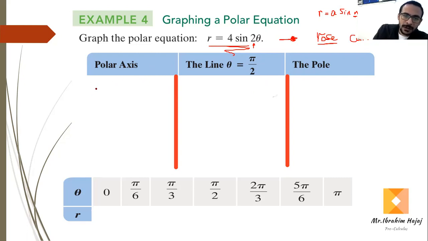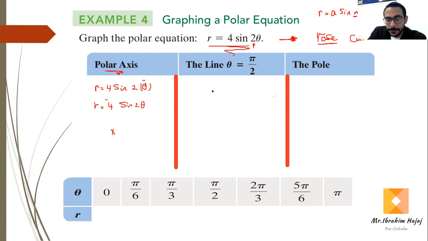We have to check the symmetry for this equation, r equals 4 sine 2 theta. Replace theta by negative theta to check the symmetry about the polar axis. Sine is an odd function, so r equals negative 4 sine 2 theta. So it's not symmetric about the polar axis.